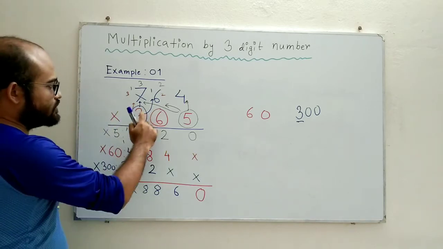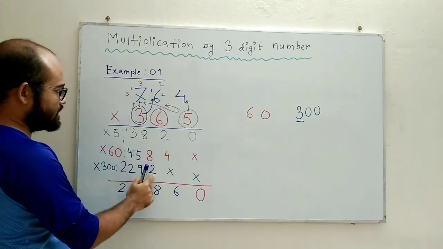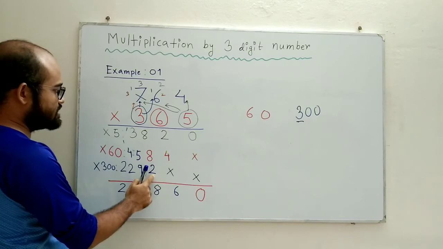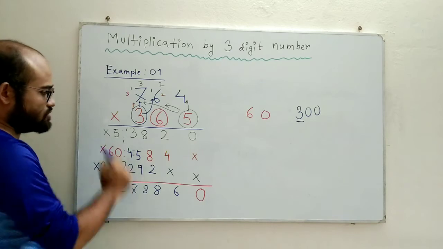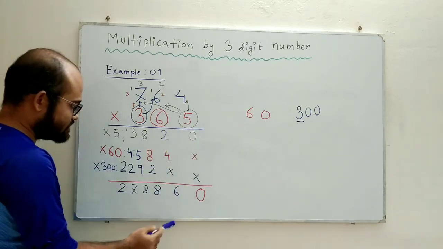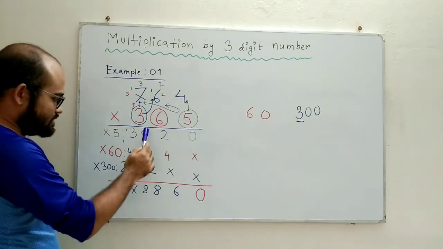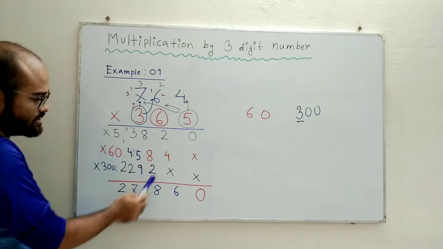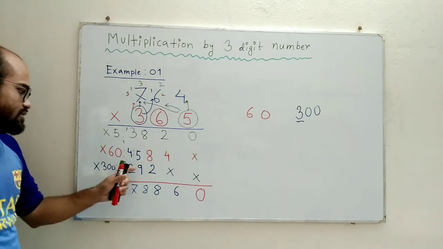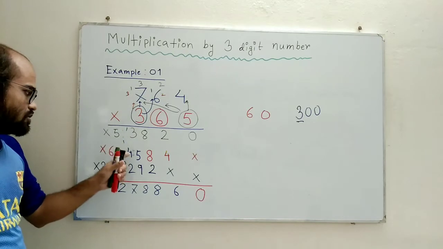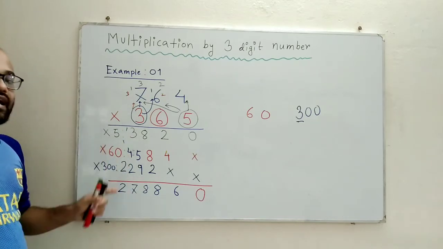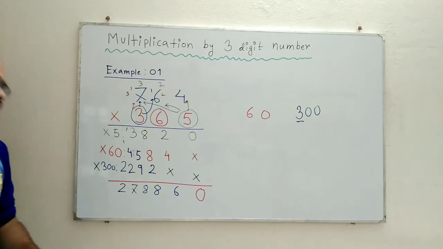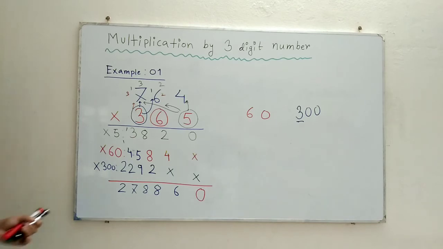Now 300, 4 3s are 12, carry 1, 6 3s are 18, 18 plus 1, 19, then finally 7 3s are 21, 22, check. 0, 6, 8 plus 2, 10, 10 plus 8, 18, carry 1, 3 plus 1, 4, 9, 9 plus 9, 18, carry 1, 5, 5 plus 2, 7, and finally we have 2. Yeah, it's alright. Now, again, I have run out of board space.